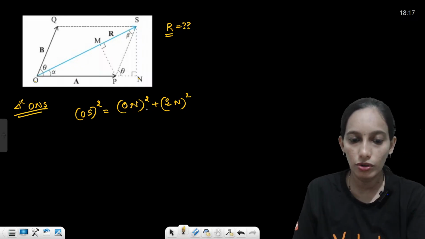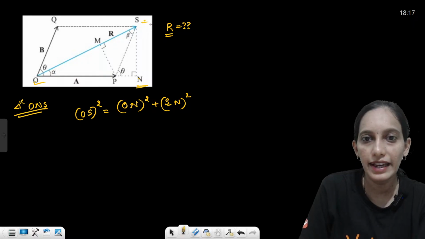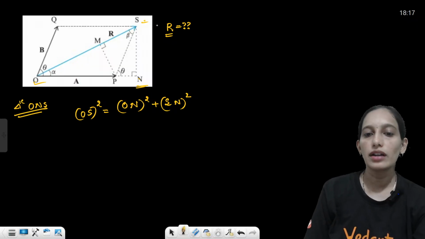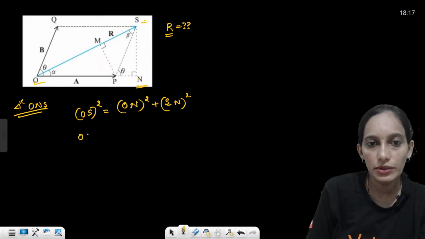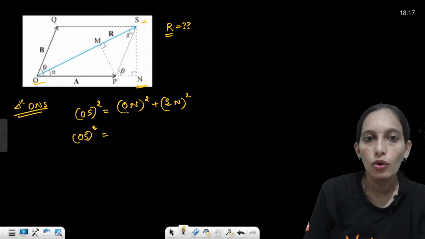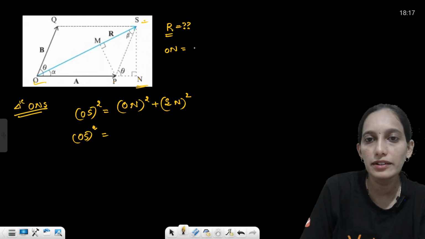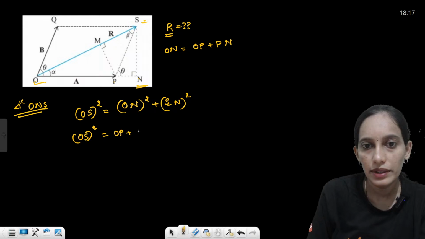Hope you all know Pythagoras theorem: hypotenuse square is equal to the sum of the squares of the other two sides, right? OS square I'll keep as it is. ON is nothing but OP plus PN, so I'll put that here: OP plus PN whole square plus SN square.